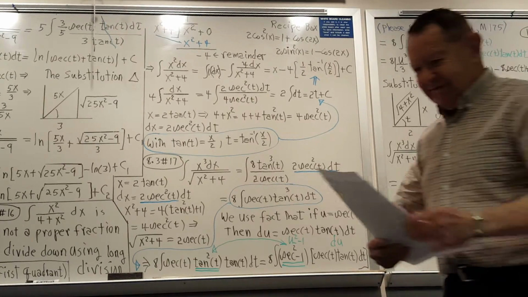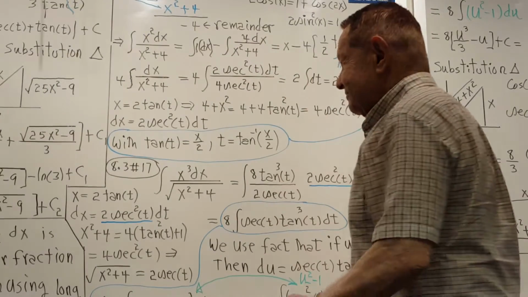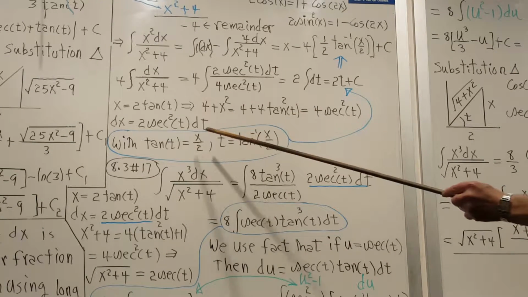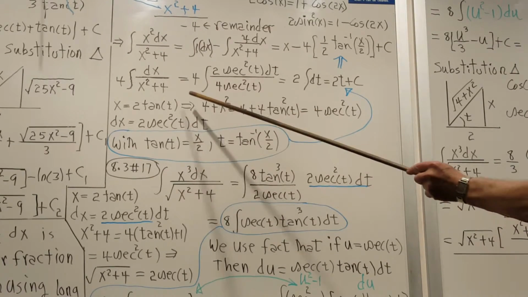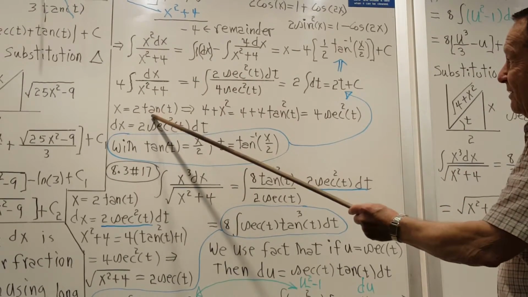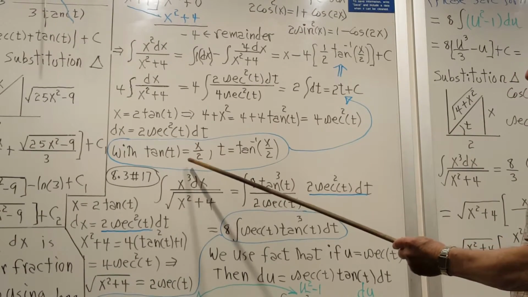Which reminds me, I better do this. And so, also, if you're letting your x be 2 tangent, your dx is 2 secant square.